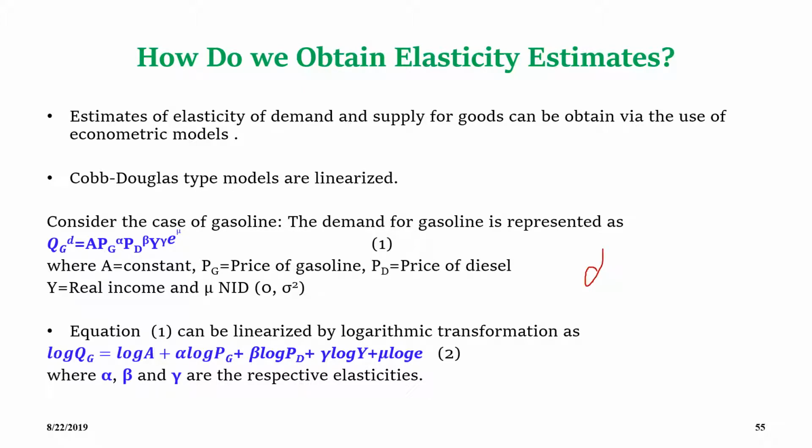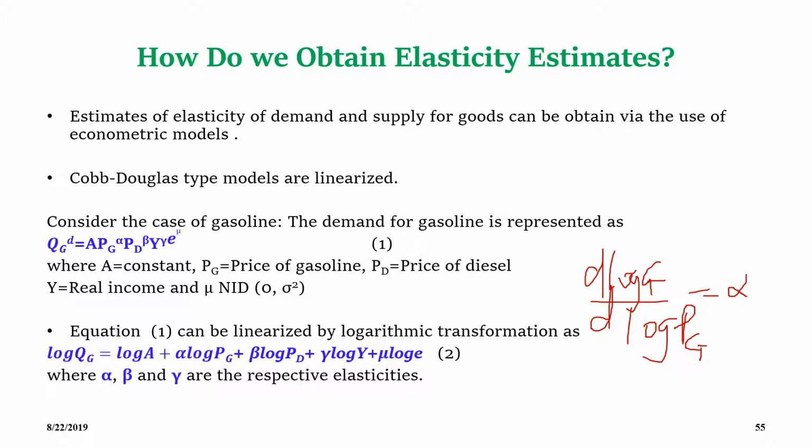So d log g, and then d log pg, this is equal to what? Alpha. And this is the elasticity with respect to the price of gasoline, right? So this is elasticity.